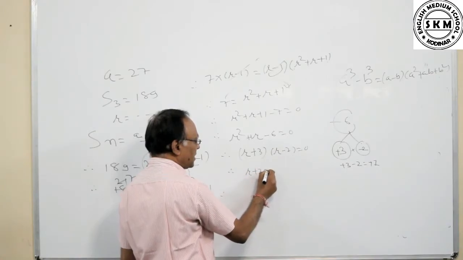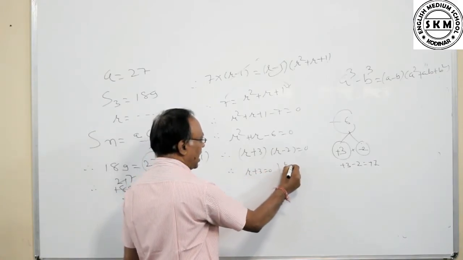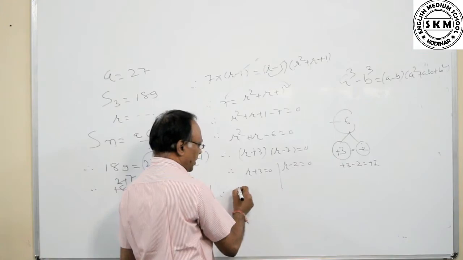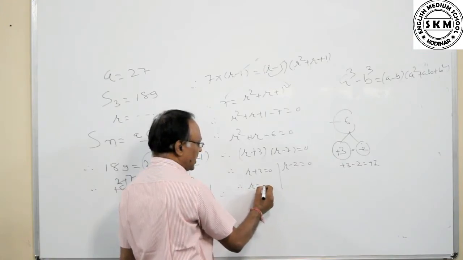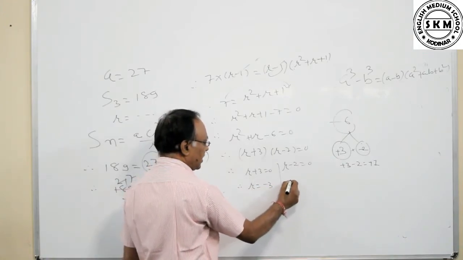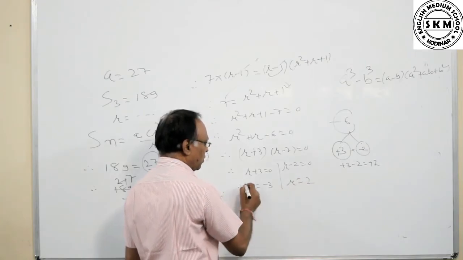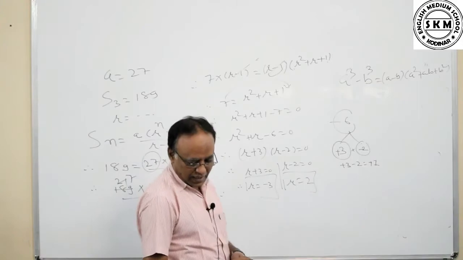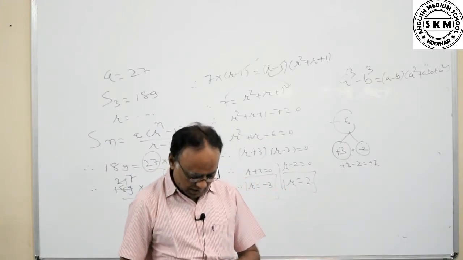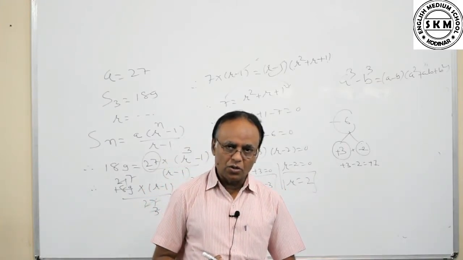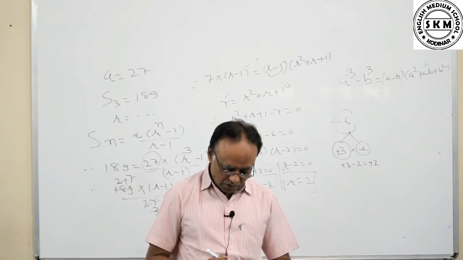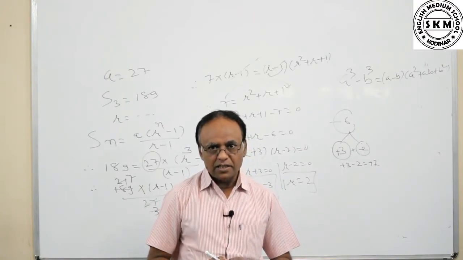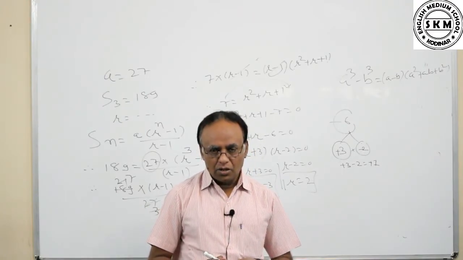So r plus 3 is equal to 0, r minus 2 is equal to 0. Therefore r is equal to minus 3 and r is equal to 2. So the common ratio of the GP is minus 3 and 2.